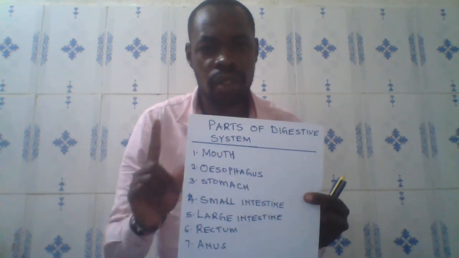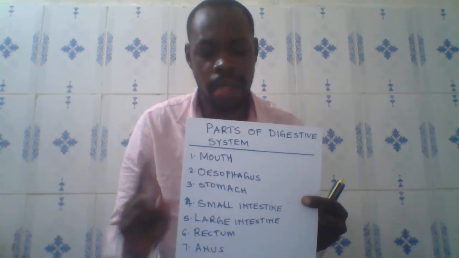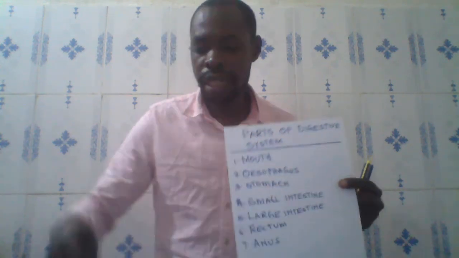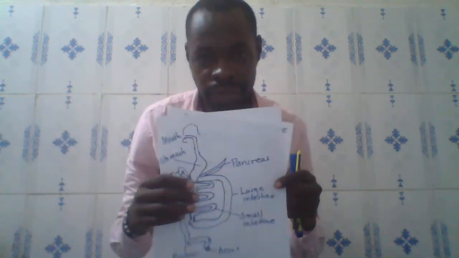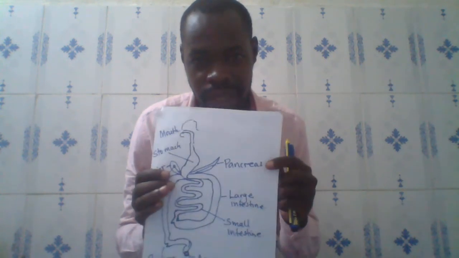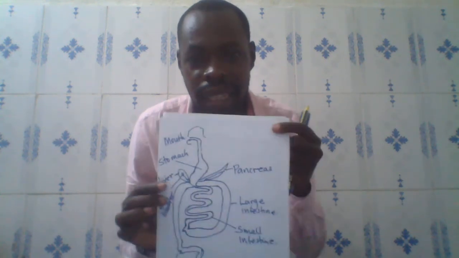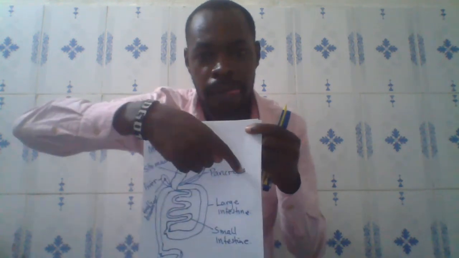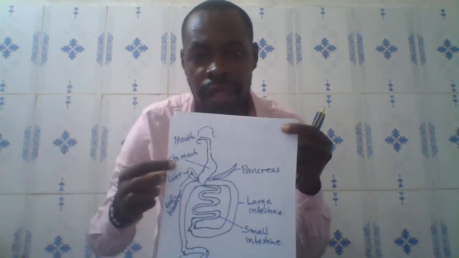Out of all the parts that are mentioned, where does digestion begin? If you are keen enough, learner, you will realize that there are some parts that I have not mentioned. That is pancreas and the liver.